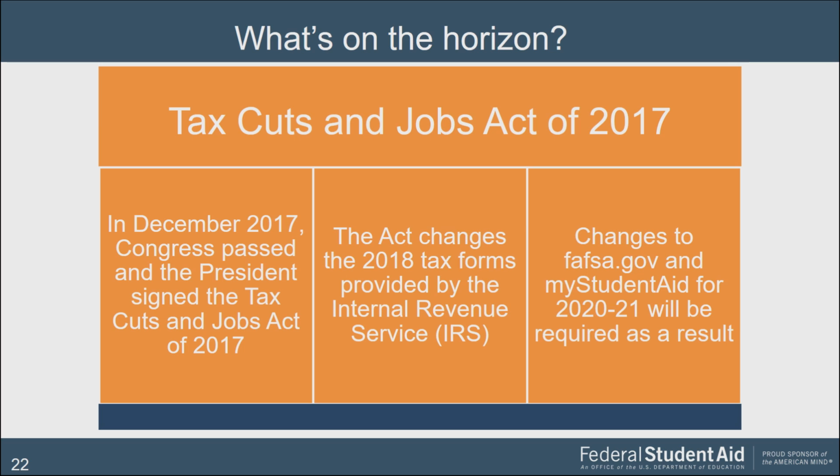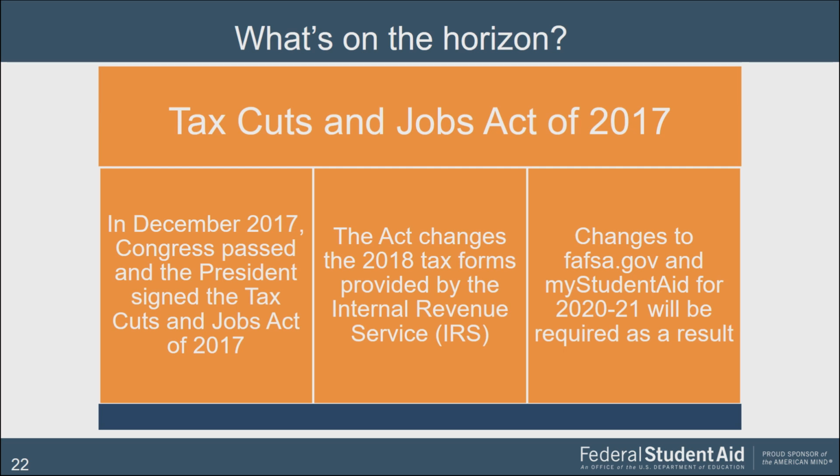So we have been struggling to figure out how we are going to adapt the FAFSA based on these changes. We are still working with the IRS, and I think that the forms are still considered draft, although the IRS has indicated they feel fairly confident that they won't see any further significant changes.